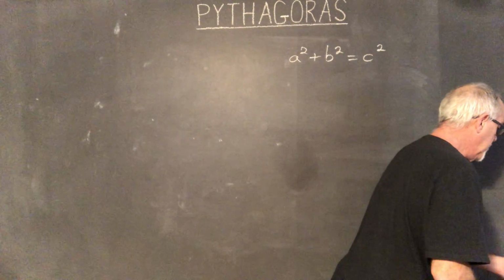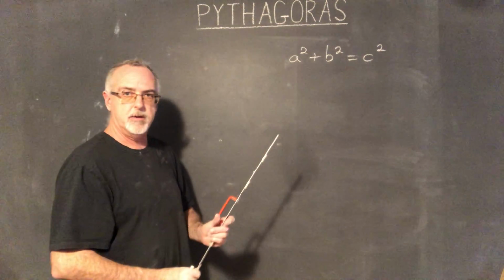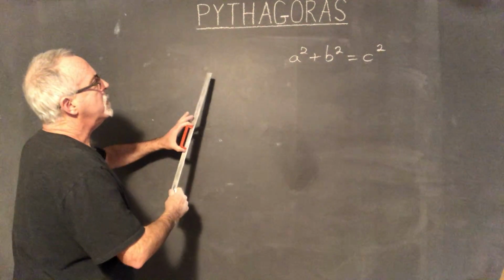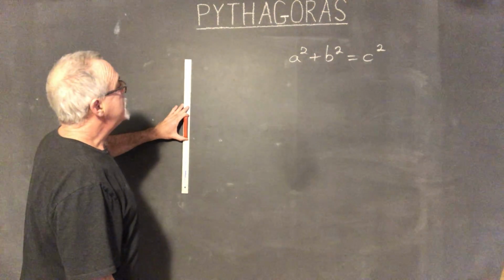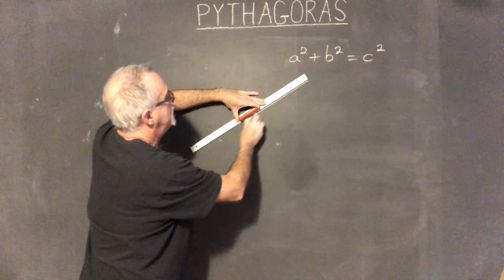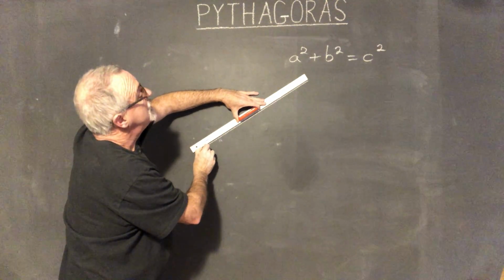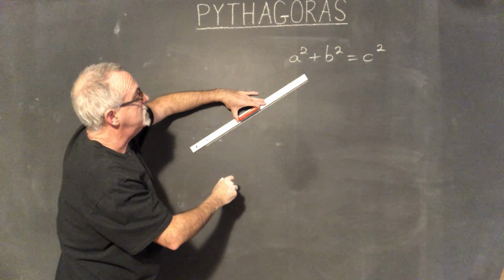Okay, let me draw one. And I'll draw it at random. And I'll do centimeters this time, so we'll have some larger numbers. So I'll tilt it the other way. There, without looking at how long it was, I drew a hypotenuse.